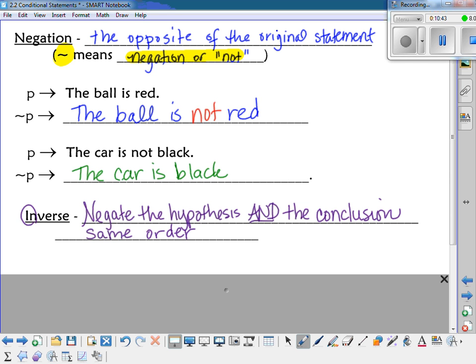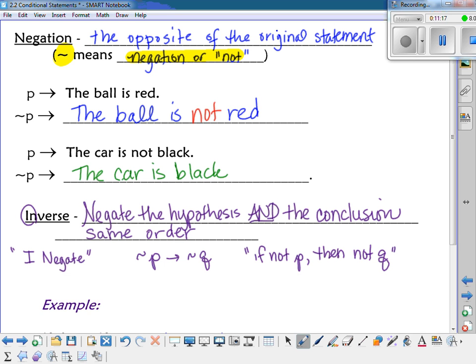So if you look at the start, it says IN. You can think of that as meaning I negate. And that can help you remember what the inverse is. So it's the same order, but everything is negated. So if not P, then not Q.